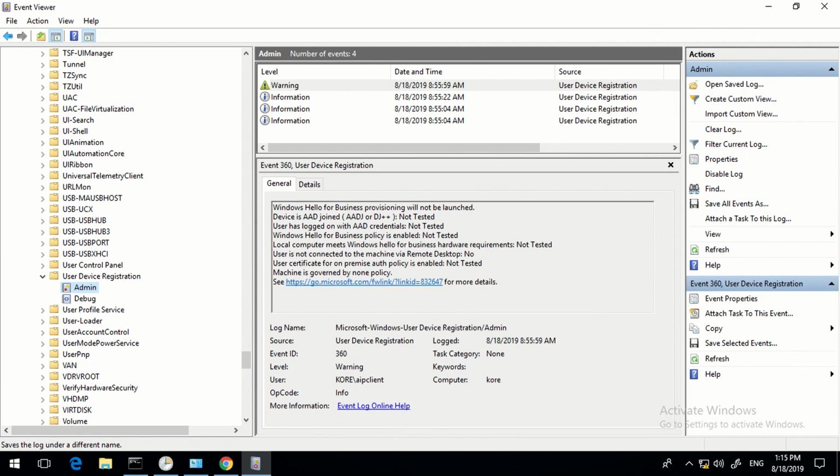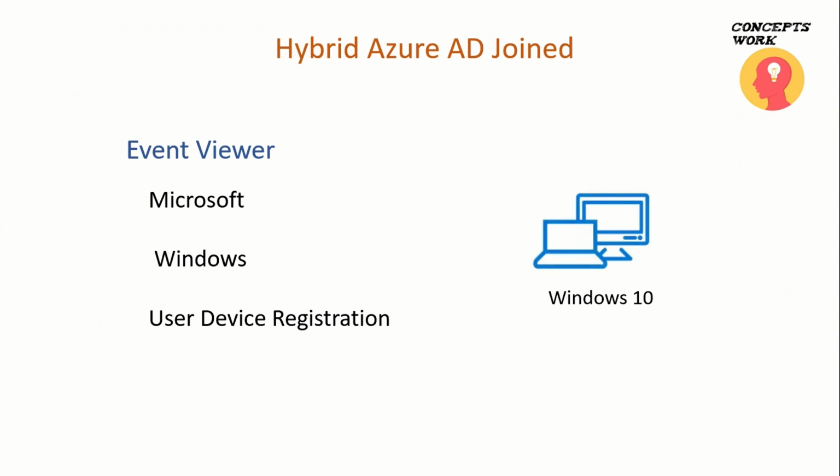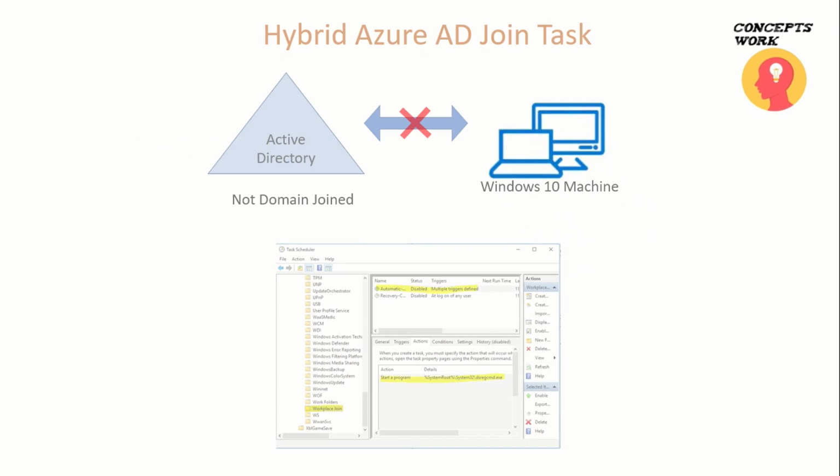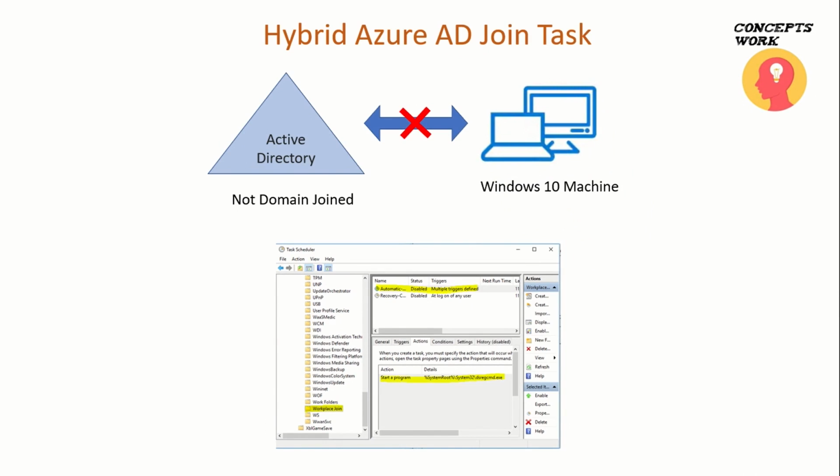Now let's come back to our deck and understand what will exactly happen when you domain join a machine, when this task will get enabled, what the process is, and how everything is related to one another. If your machine is not domain joined, as I've shown before, this task is disabled by default.